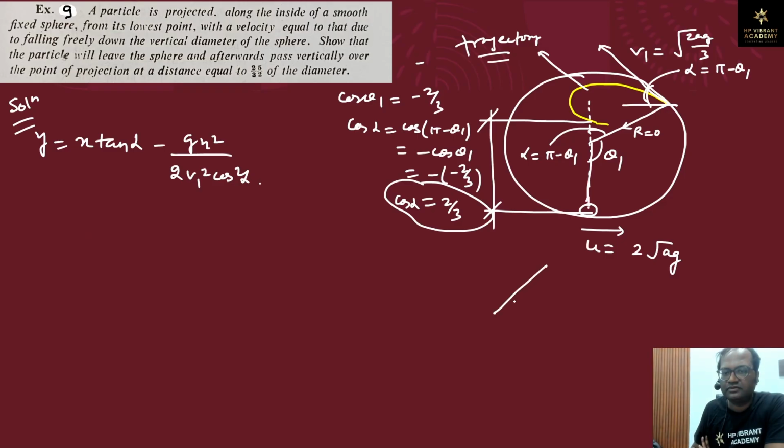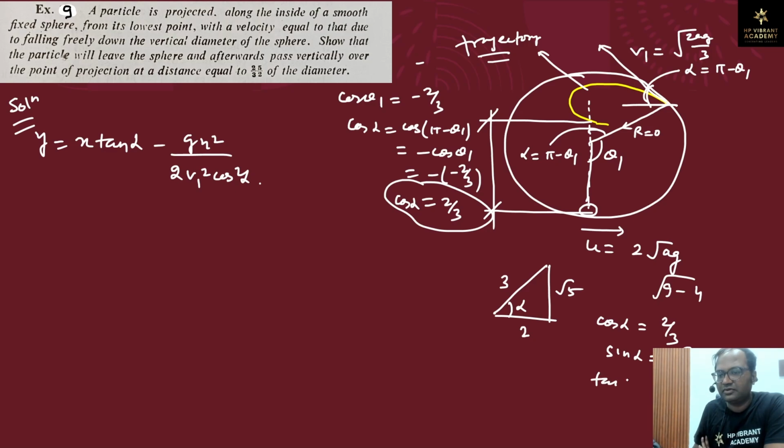Cos alpha is 2 upon 3, so this is 2, this is 3, and the third side is root under (9 minus 4), so root under 5. So cos alpha is equal to 2 upon 3, sin alpha is root under 5 upon 3, and tan alpha is root under 5 upon 2.